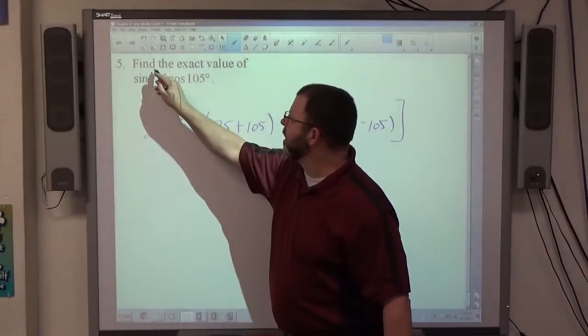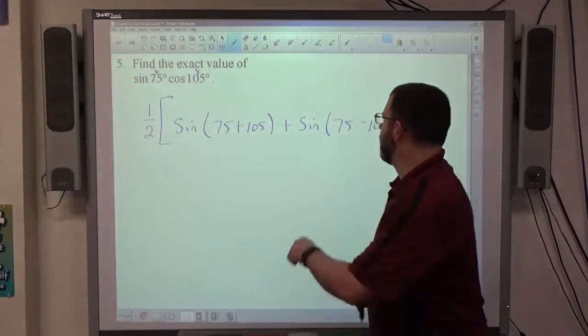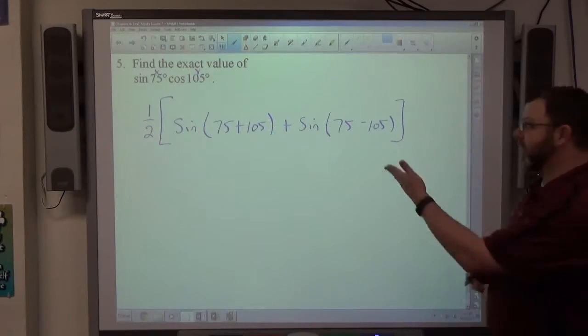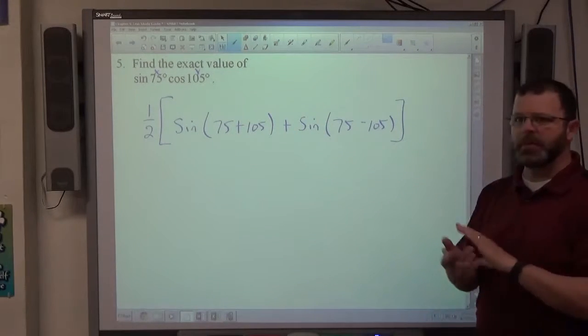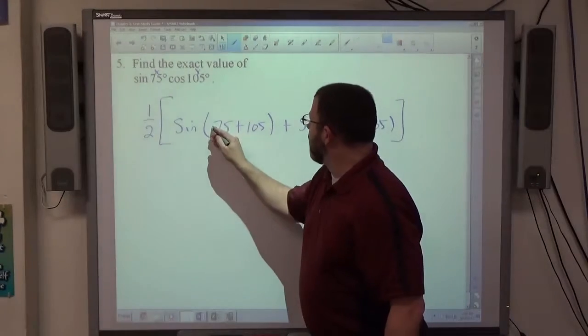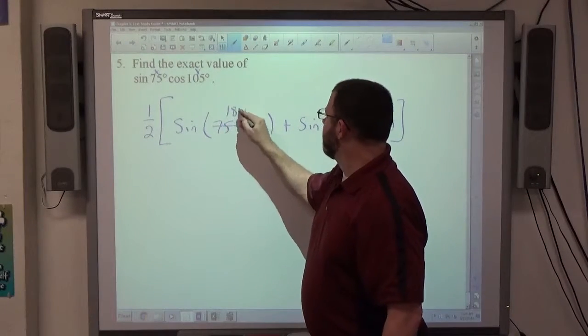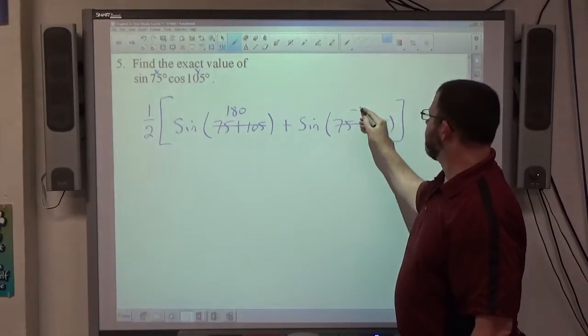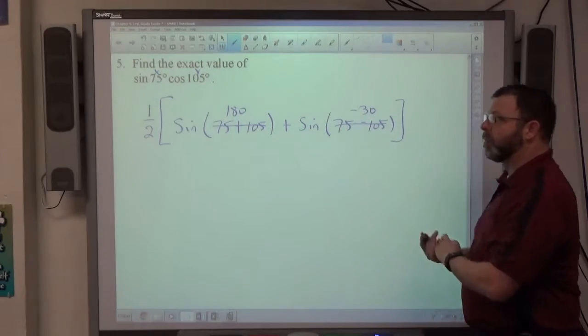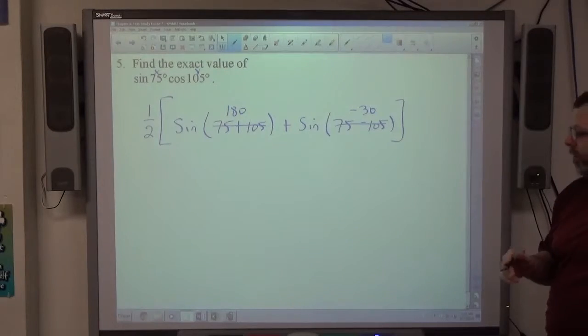And x is the number with sine and y is the number with cosine. This subtraction, the order of that's important. So whatever's with sine is x, whatever's with cosine is y. Just make a notation of that when you're using these identities. 75 plus 105 is 180, and 75 minus 105 is negative 30. Now it says exact value, negative 30 is not one of our numbers on our sheet, positive 30 is.